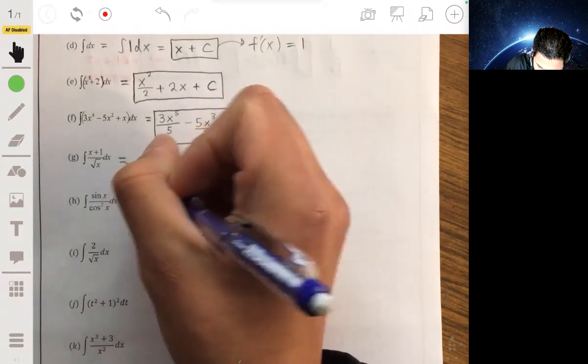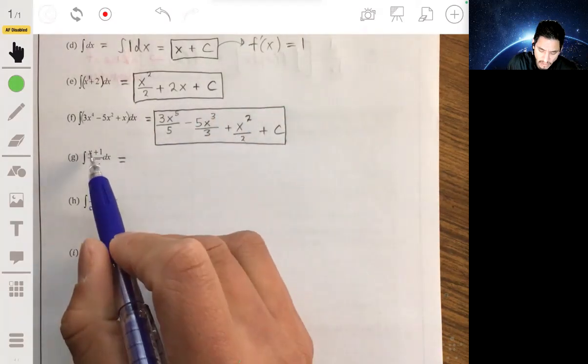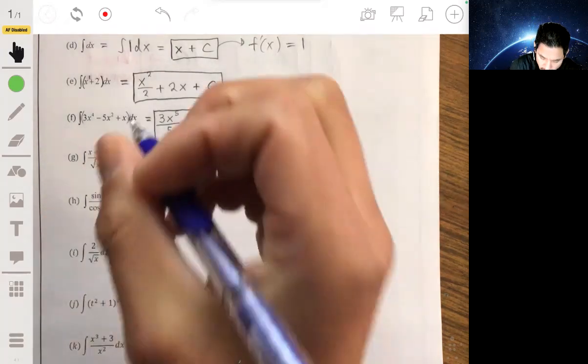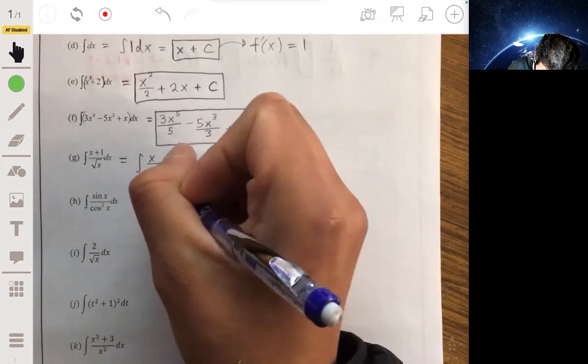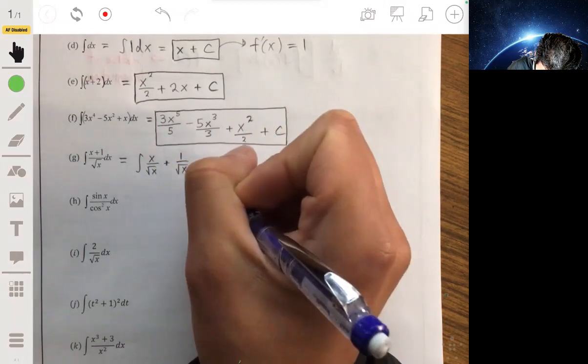Okay, next one we got, now this is a good one. So we have the integral of x plus 1 over the square root of x. Here, it's going to be helpful to break it up. So this is the same as the integral of x over the square root of x plus 1 over the square root of x.